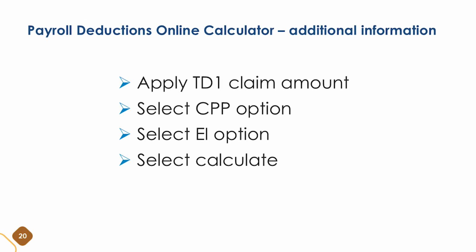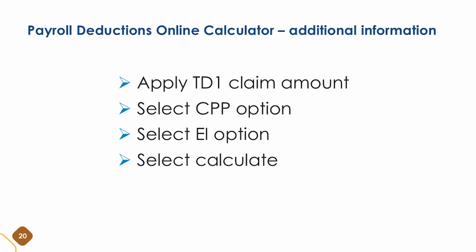Apply personal credits by using the total claim amount from the TD1 forms or the claim codes option. For CPP, select one of the following options: CPP, QPP, and second additional CPP, QPP maximum annual contributions have been reached.